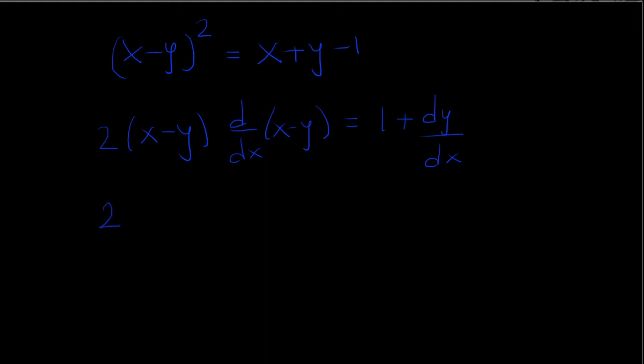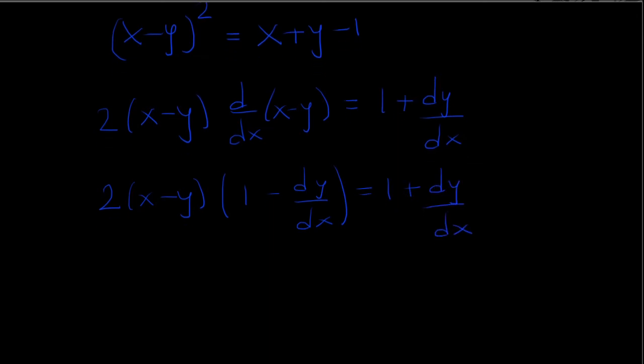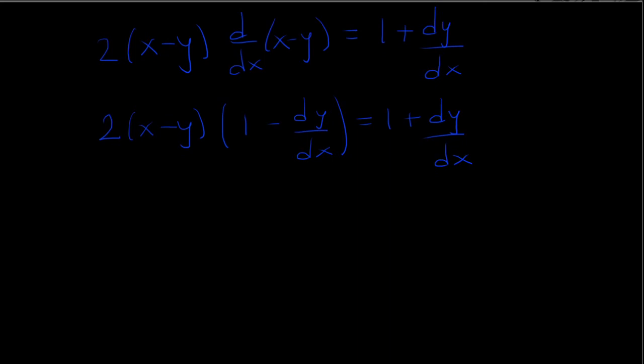Okay, so I have 2 times the quantity x minus y. The derivative of x is just 1. And then derivative of y with respect to x is dy over dx. And that's equal to 1 plus dy over dx. Okay.